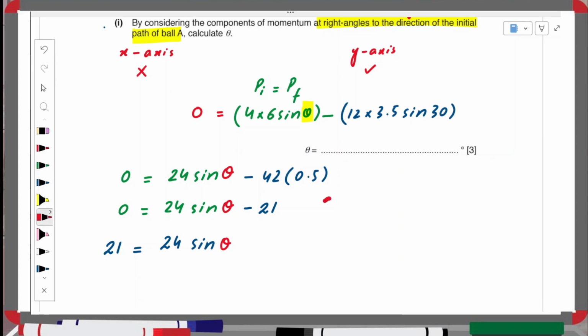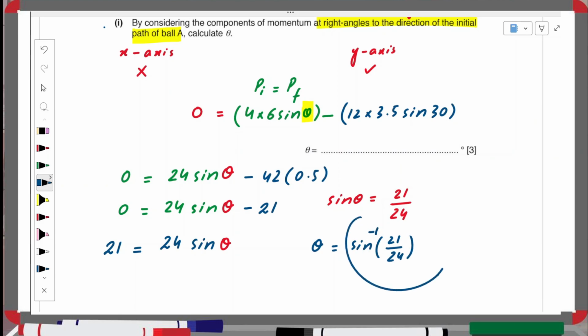So what do we have then? Sine theta equals 21 divided by 24, and then theta equals sine inverse of 21 divided by 24.